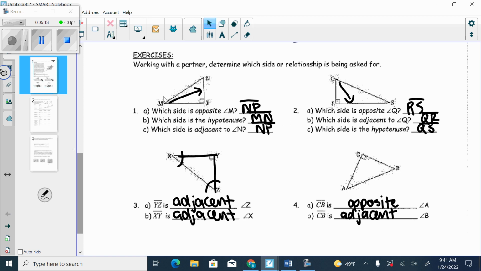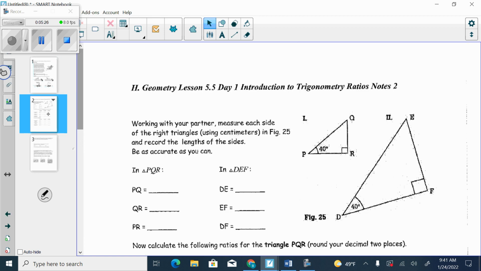Does anybody have any questions about how we can identify which ones are opposite and which ones are adjacent? We're good there? If you will flip it over onto the next page. On this section, with the same group you were just working with, you are going to take your rulers and measure the side lengths of both of these triangles and write them over here on the blanks.